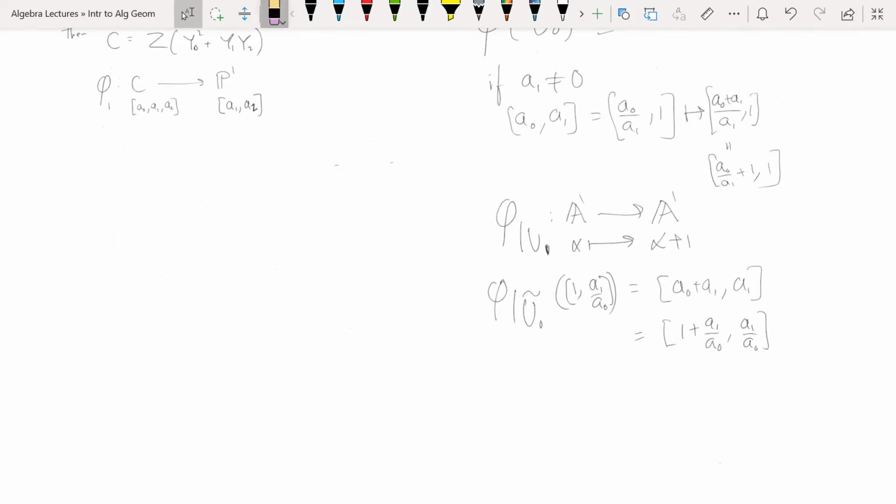In this domain also, it should be a morphism of varieties.